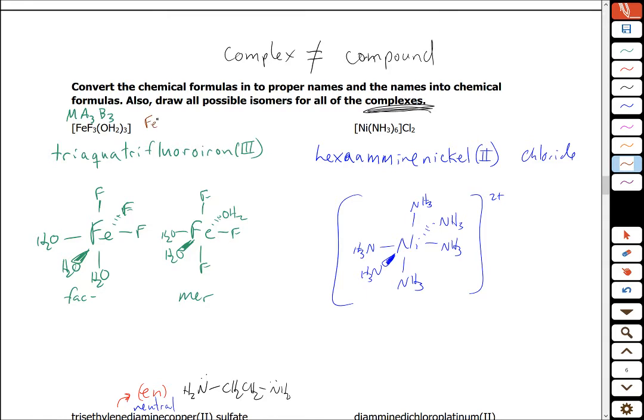Okay, so we have iron 3. So iron 3 is argon 3d5. So that's a d5 metal, that's iron. So this complex could either be high spin or low spin. And so if we draw our electron diagram, we're going to put our 5d orbitals there, and we're going to look and say, well, fluoride is weak field and water is weak field.